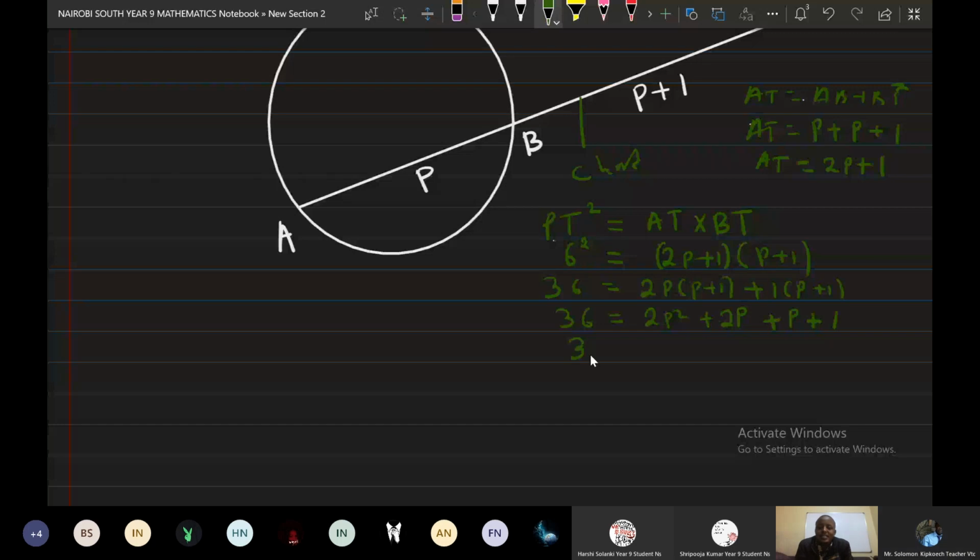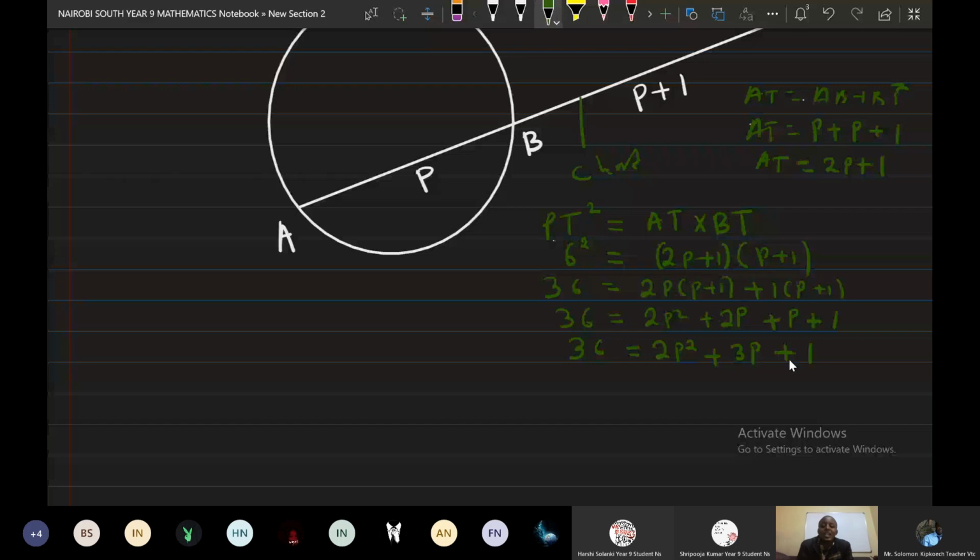So we can collect the like terms. We have 2P plus P, so we have 2P squared plus 3P plus 1. The like terms, 2P and P, we group together. So we have that 36 equals 2P squared plus 3P plus 1.